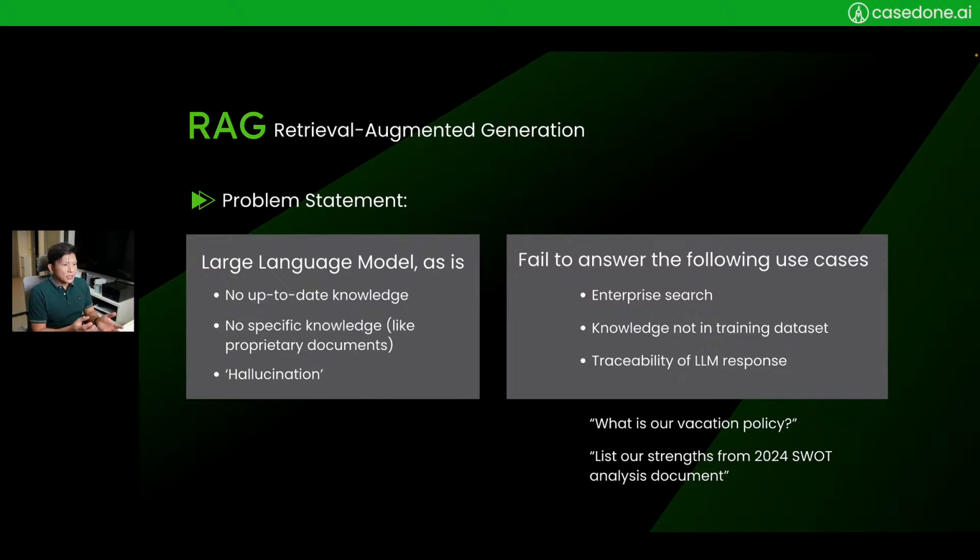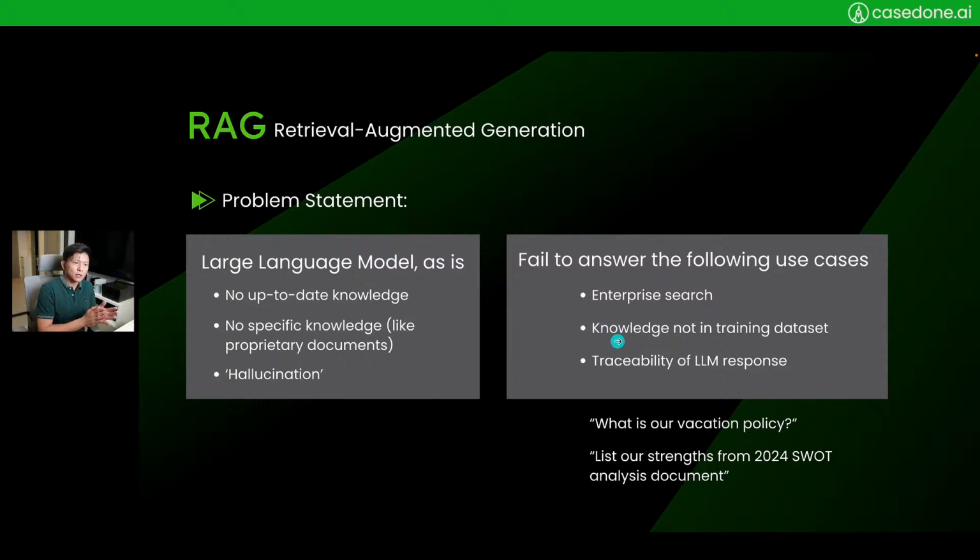So using the large language model as is fails to answer some use cases, as follows. The first one is enterprise search. For enterprise search, the model doesn't have access to your proprietary knowledge or reports or charts, right? So the LLM itself cannot answer for enterprise search.